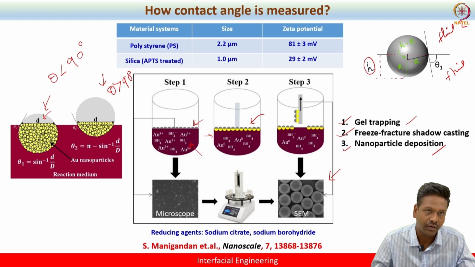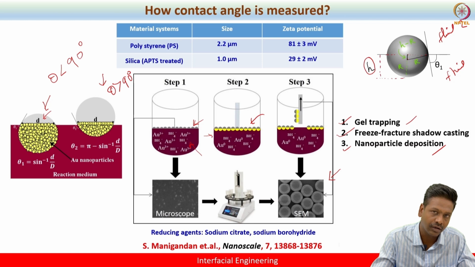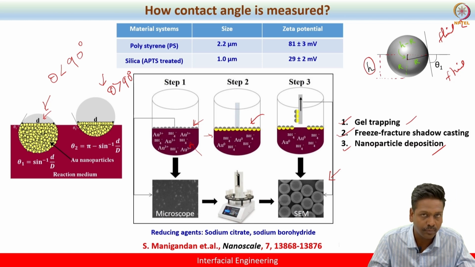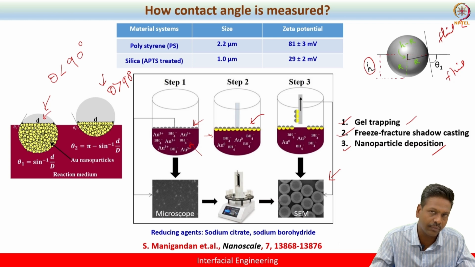So when you try to visualize, you may not be able to see. So what one can do is, using the carbon tape, flip this particle so that the bottom part is now up for the visualization. In that way, we can measure the D.